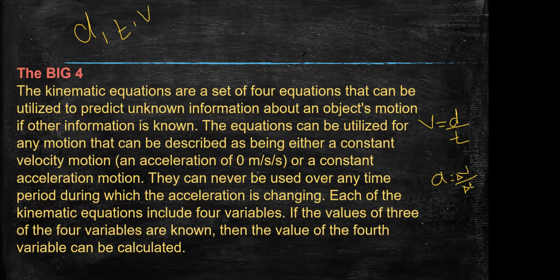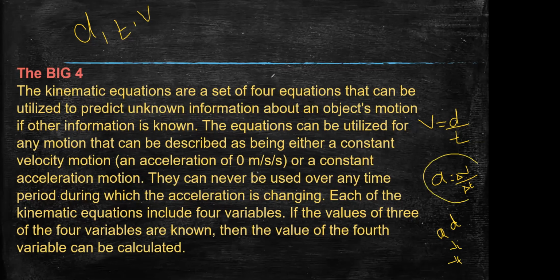Now, if you know, as an example, the acceleration, you know the distance, you know the V initial, how can you find the V final?